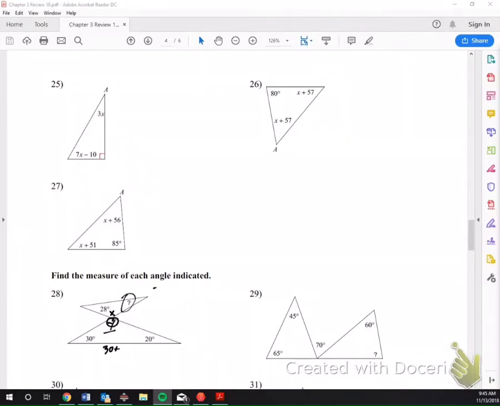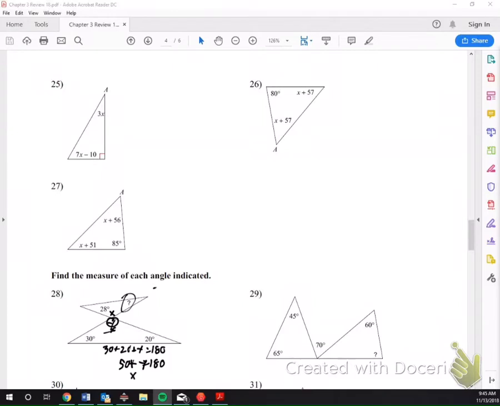And we're going to go 30 plus 20 plus, I switched my X and my Y's, oopsie, plus Y equals 180. That gives me 50 plus Y equals 180.